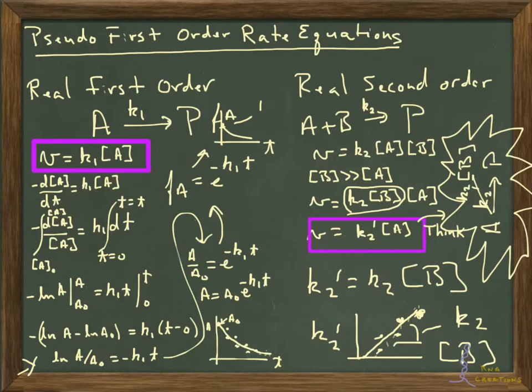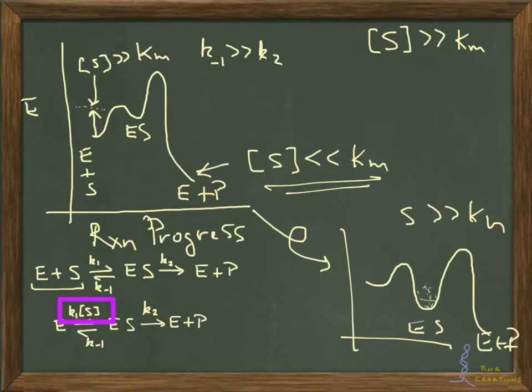Okay, so bimolecular, you can think about it as unimolecular, where the rate constant is the true rate constant times the concentration. So we go back here. That's what I did down in this corner with the purple box. So now it looks like a coupled set of unimolecular processes.